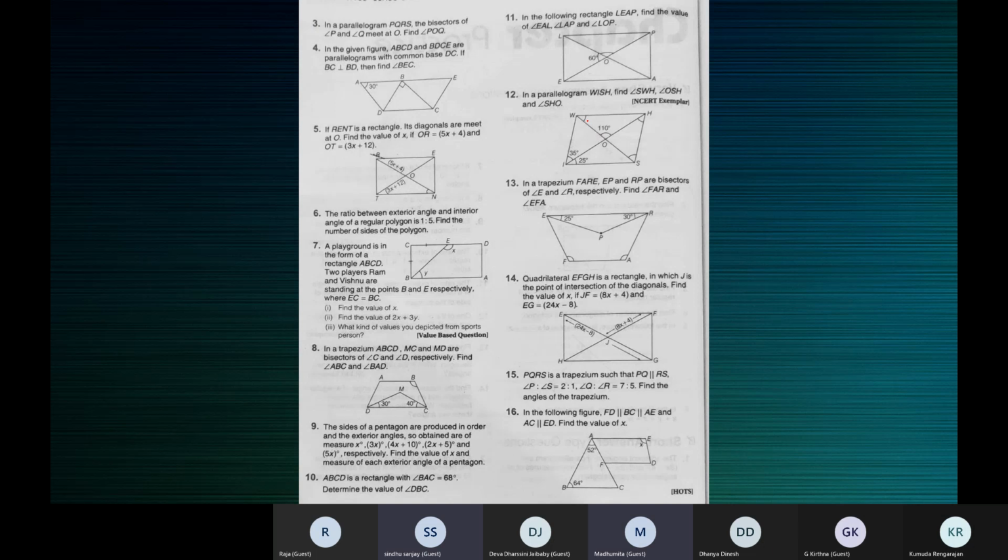Ma'am, SWH is equal to 110 degrees. 110? No, it cannot be 110. Ma'am, I also got one. You people are telling for this one, SWH, the first one?